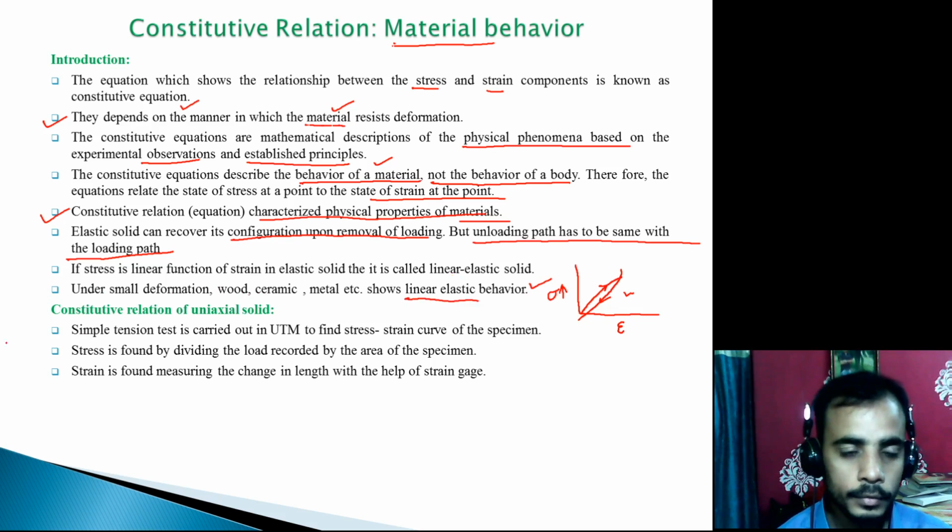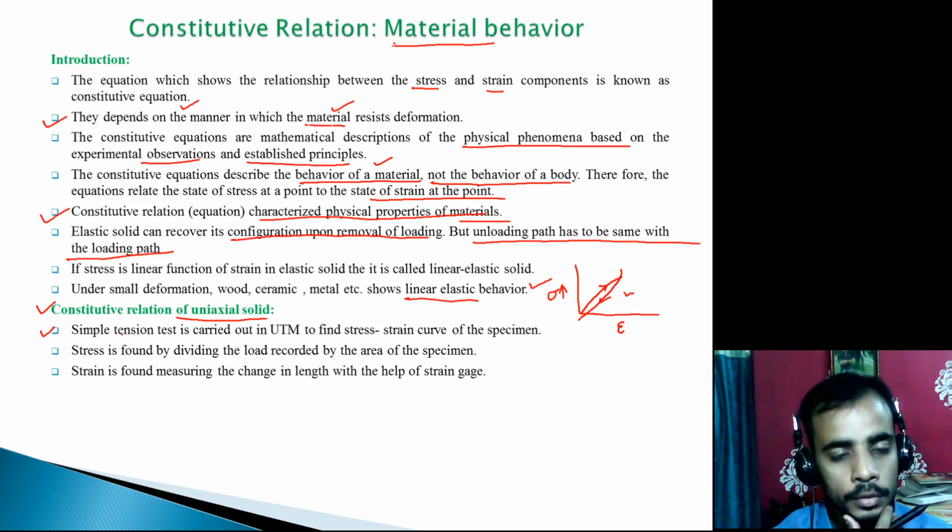Okay. Now, the constitutive relation of a uniaxial solid. Probably you know this, if you do a simple tension test carried out in a UTM, universal testing machine, to find the stress strain curve of the specimen.